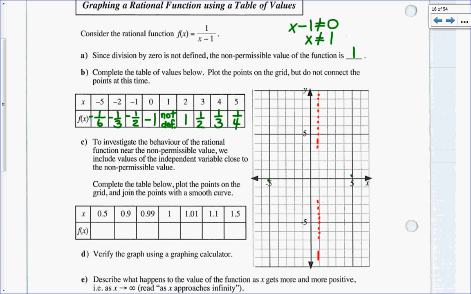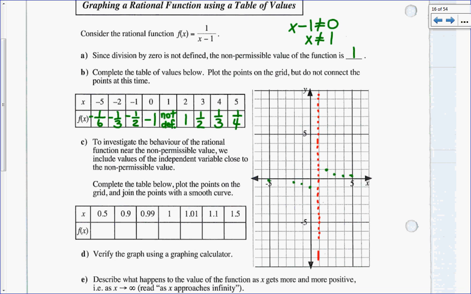Sorry, this is my x equals 1. Put my points back on here. -5, -1/6, -2, and down 1/3. -1 and down 1/2. 0 and down -1. Right over here I didn't go over 2 and up 1. There we go. Over 3 and up 1/2. Over 4 and up 1/3.